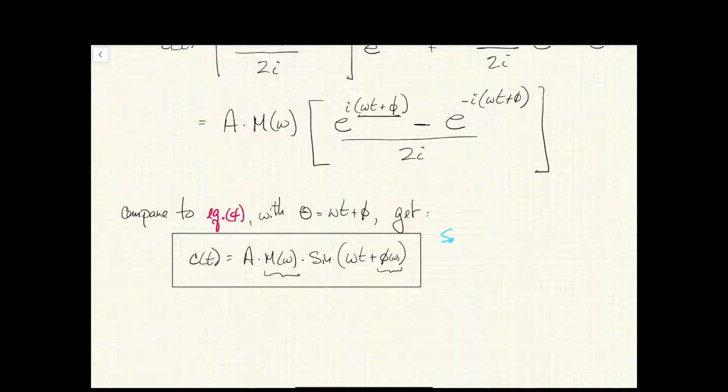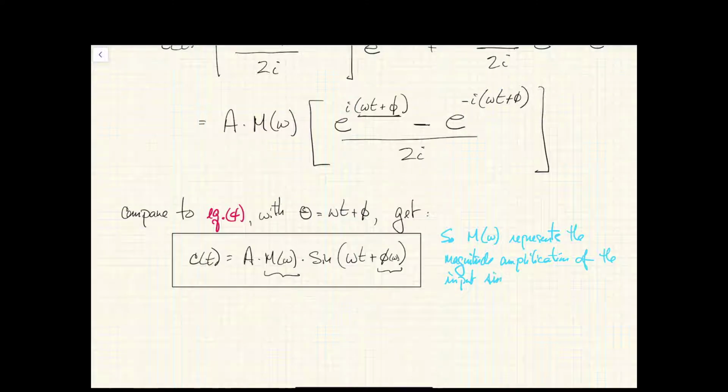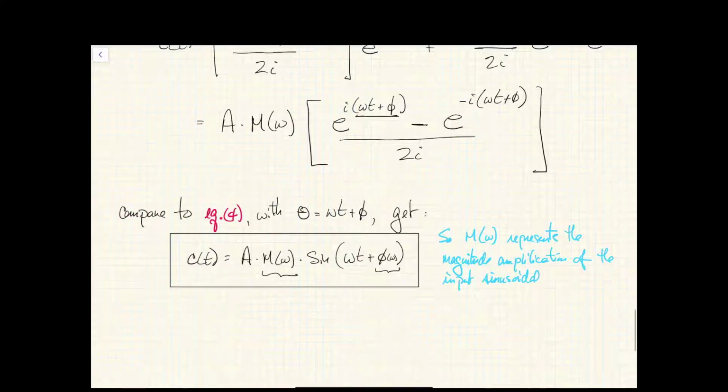So m, the magnitude as a function of omega, which is constant for a given value of frequency, represents the magnitude amplification of the input sinusoidal, tough word, sinusoidal of the input sinusoidal value, if you will.